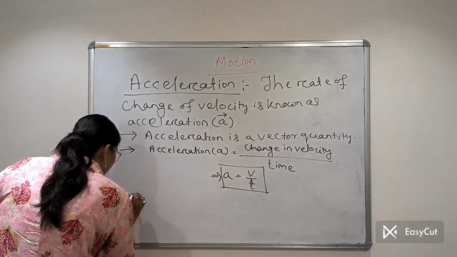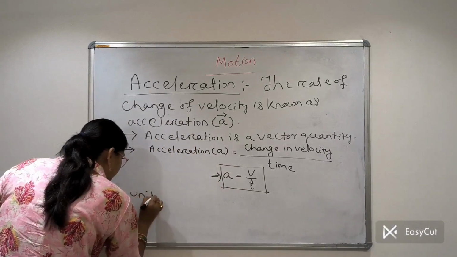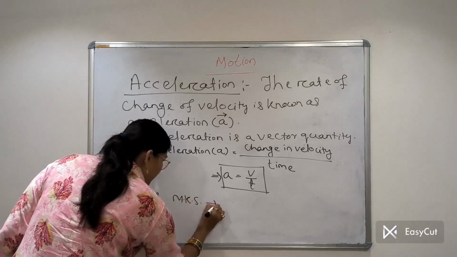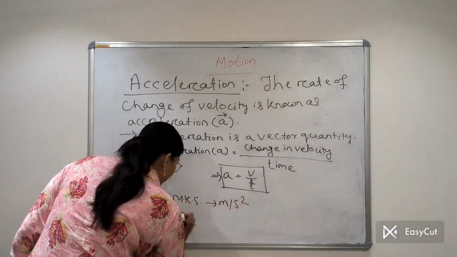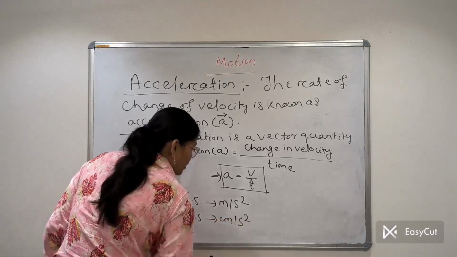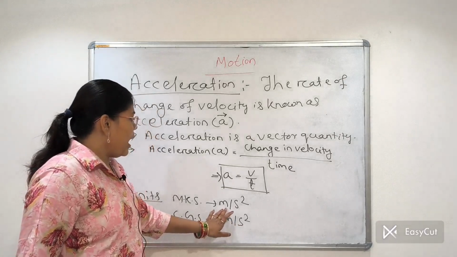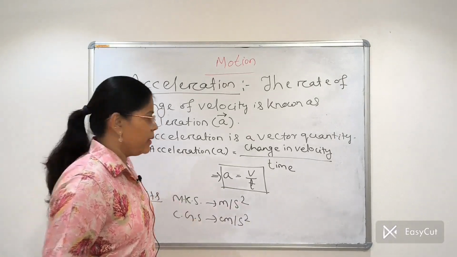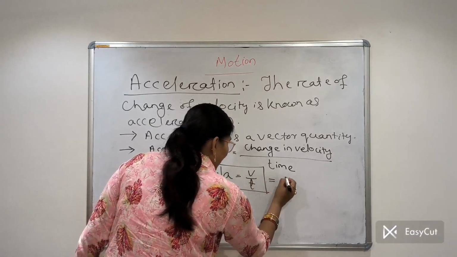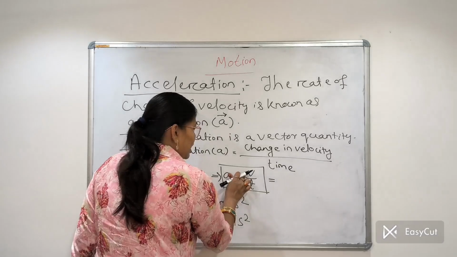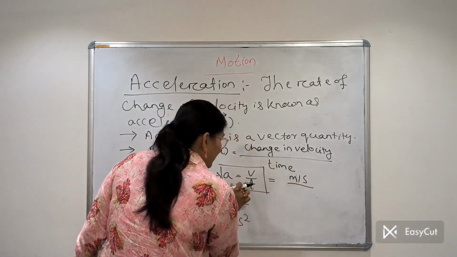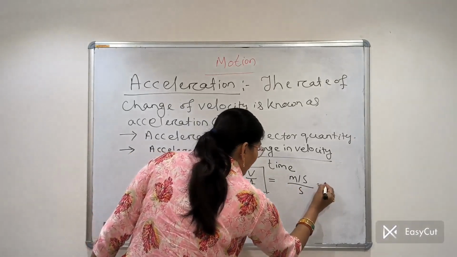So what are the units now? In the MKS unit, meter per second square, and in the CGS unit, centimeter per second square. Your question is how it will be meter per second square. From here the formula is v by t, and the unit of velocity is meter per second divided by the unit of time, second.